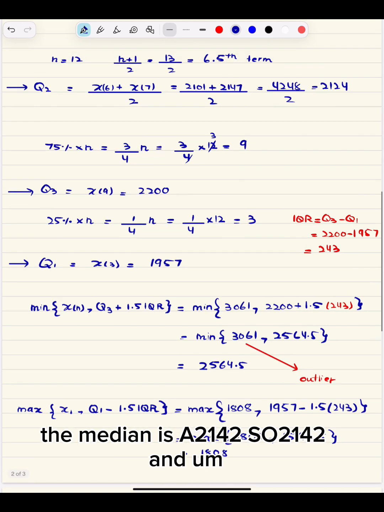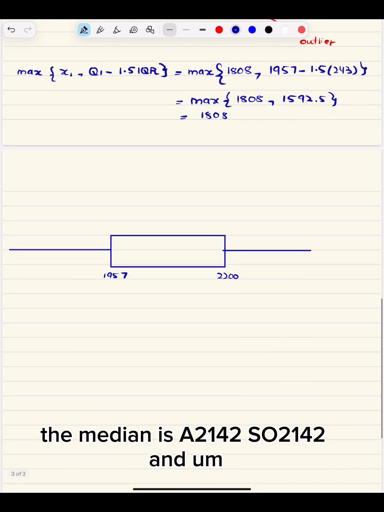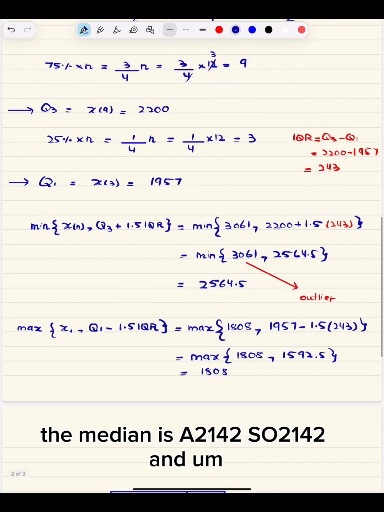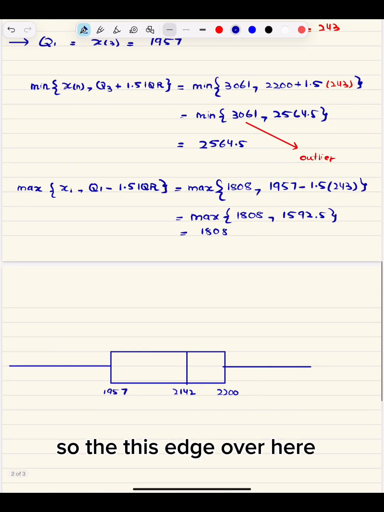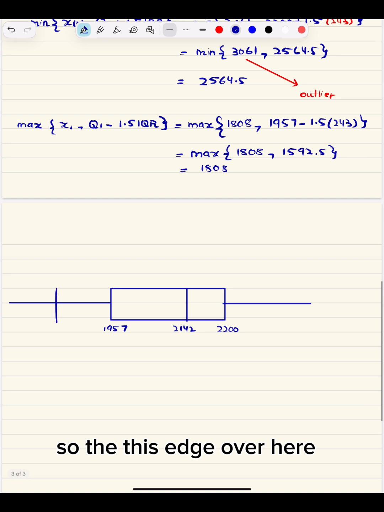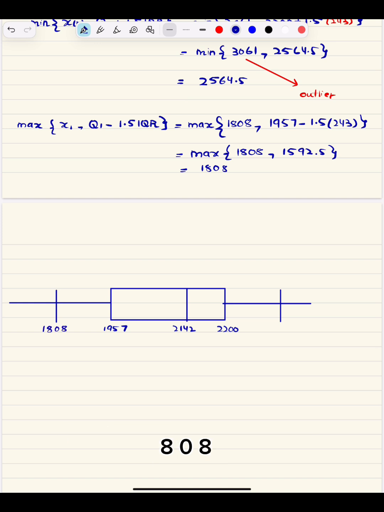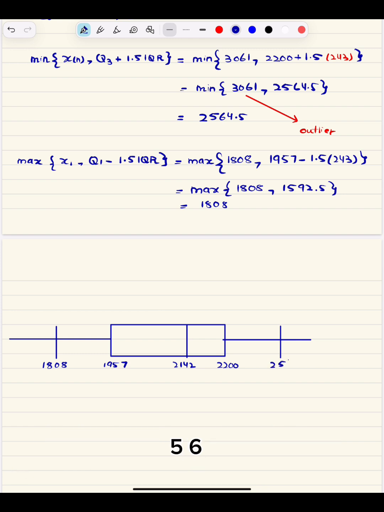The median is 2124. And there's an edge here, at 1808, where this whisker ends, and the other ends at 2564.5.